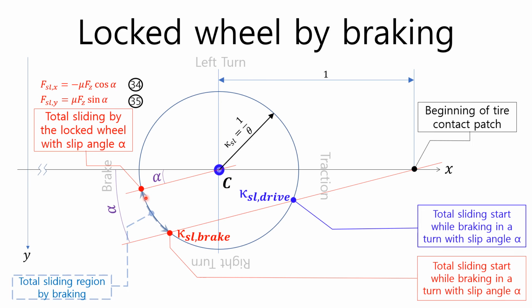Since the total sliding due to wheel locking during braking proceeds with the side slip angle alpha maintained, the force generated in each actual direction can be obtained using trigonometric functions as shown in equations 34 and 35. In the total sliding region between kappa sliding brake and the wheel locked between red dots, total sliding occurs while the wheel is not locked and rotates with braking torque applied.